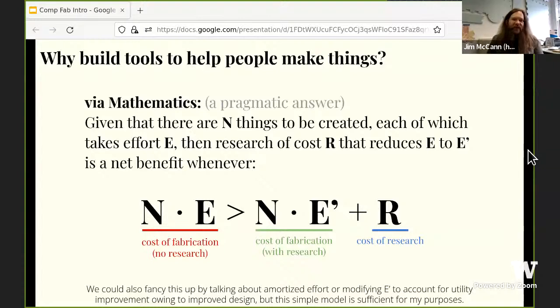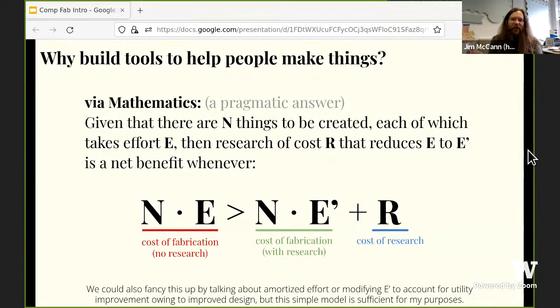That's to say that if you have n things to create, each of which takes some amount of effort, E, then research of cost R that reduces effort E to some new lower effort E prime is a net benefit whenever the cost of fabrication, the number of things times the effort per thing, is greater than the cost of fabrication after the research, which is the number of things times this novel new effort E prime plus the cost of the research.